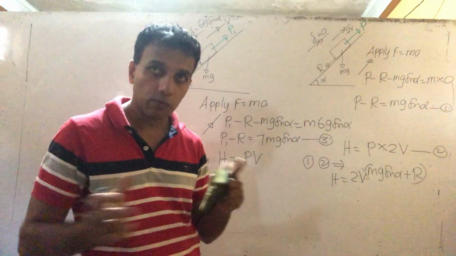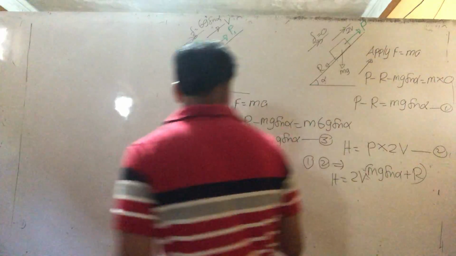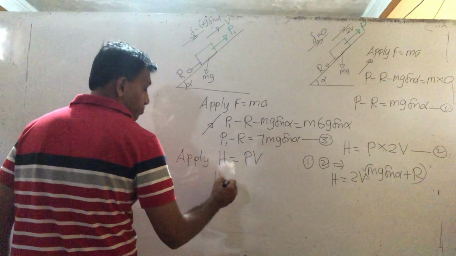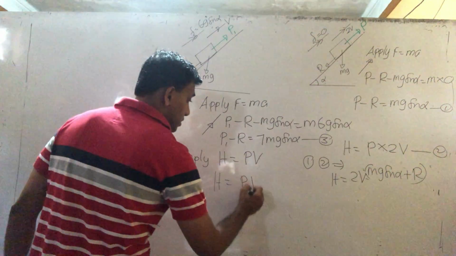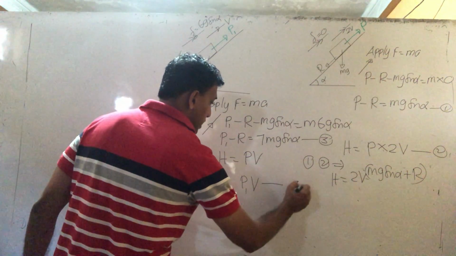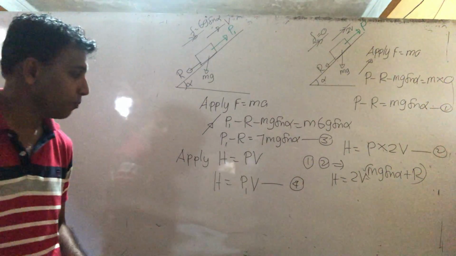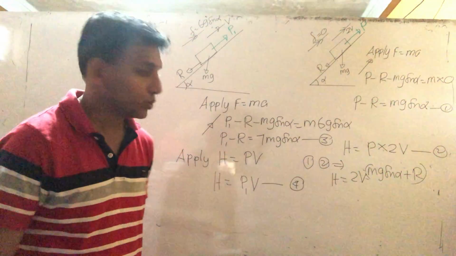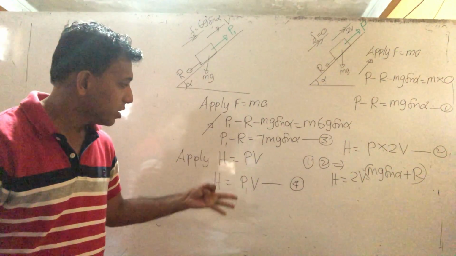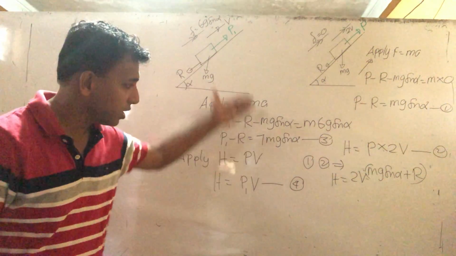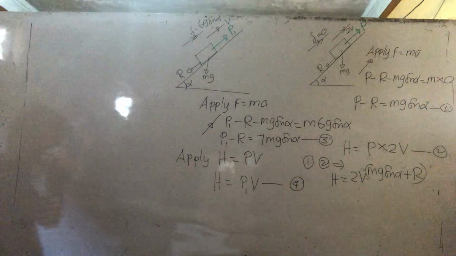So apply this once again: H equals P1 times velocity V. This is my fourth equation. Connect 3 and 4 and remove P1, and you will get an equation in terms of H, R, V and sin alpha.